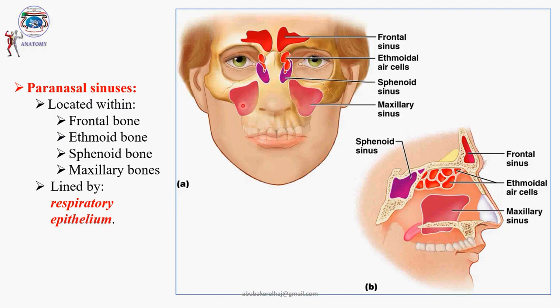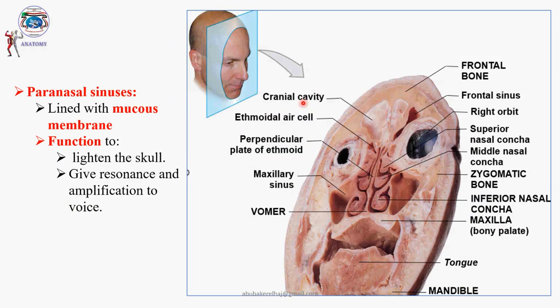But the most dominant and largest one is the maxillary sinus, which opens directly into the middle part of the lateral wall of the nasal cavity and communicates directly with the nasal cavity, and this is the common site of sinusitis.